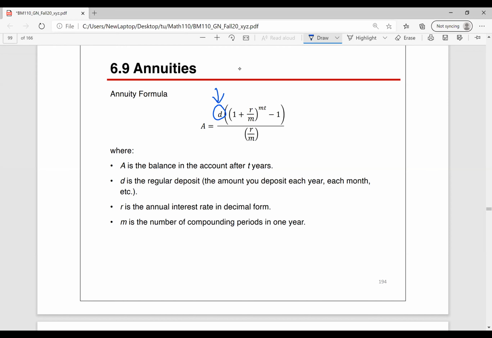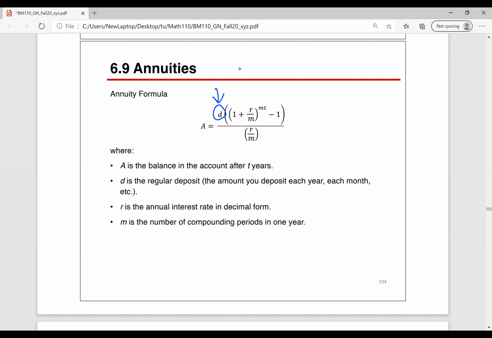So what does D mean here? You can understand that the annuity is the amount you have after 2 years of investing regular deposits, each year, each month, or something like that.